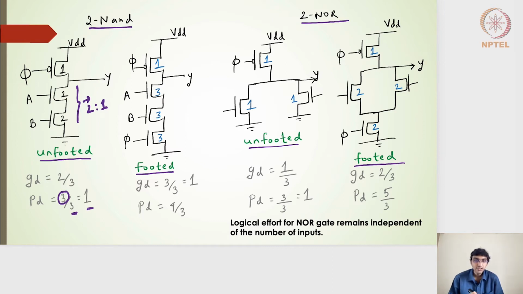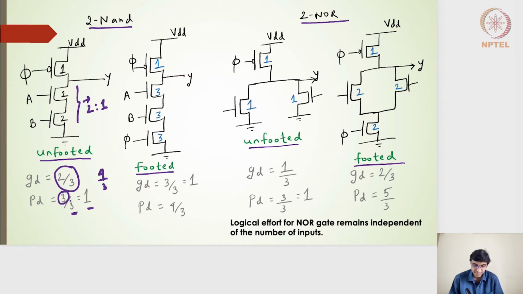If I look into the logical effort for the going down and compare with that of the regular CMOS family or the regular CMOS structure 2 input NAND gate, it turns out to be, we have the logical effort is nothing but 4 by 3, which is much greater than this 2 by 3. So this 2 by 3 turns out to be the better one, right?